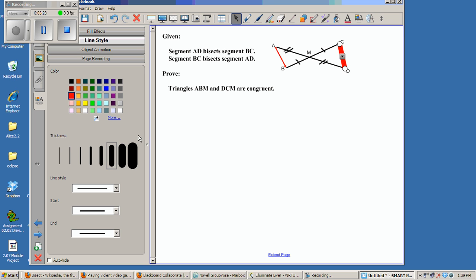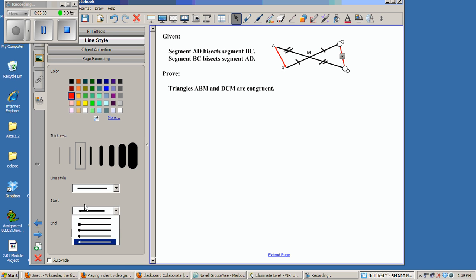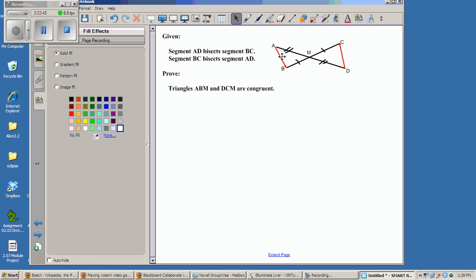So this one is actually going the other way. So this triangle is going this way. So ABM is congruent to triangle DCM.